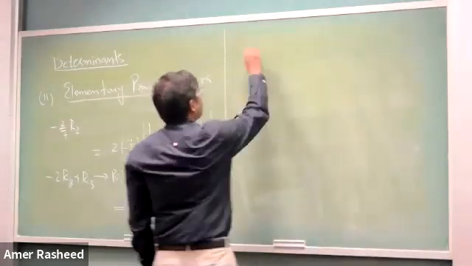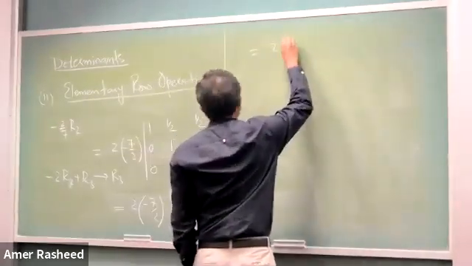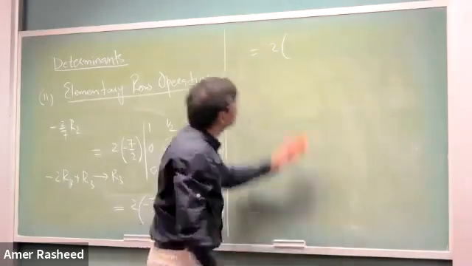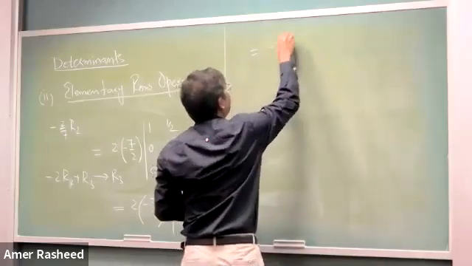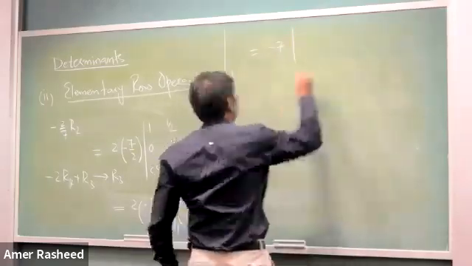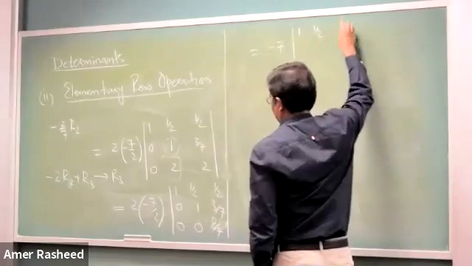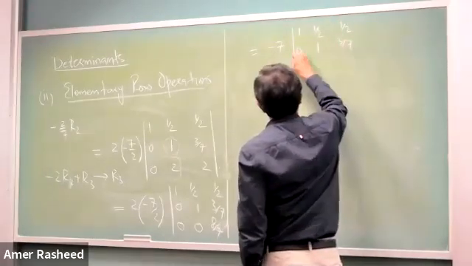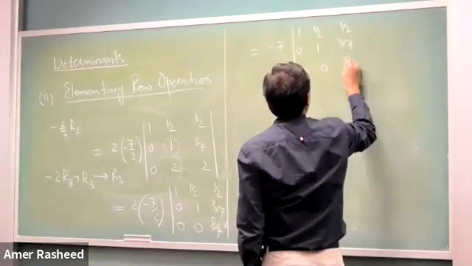Now, you can see that here we have 2 times -7/2, which means 2 will cancel, and -7 comes. So we get here -7 times the determinant of 1, 1/2, 1/2, 0, 1, 3/7, and 0, 0, 8/7.